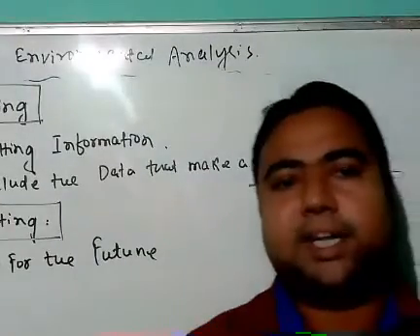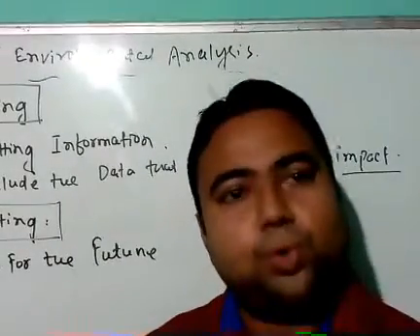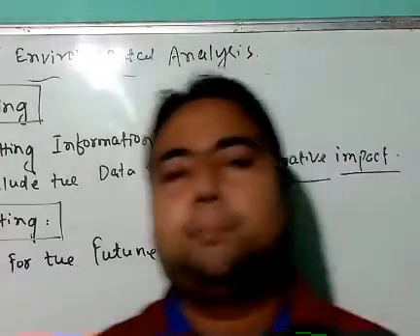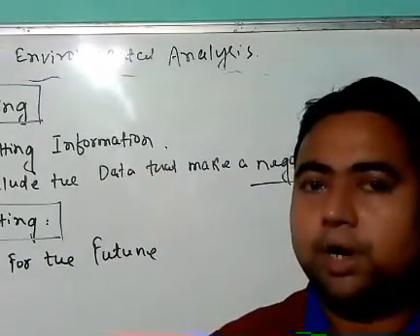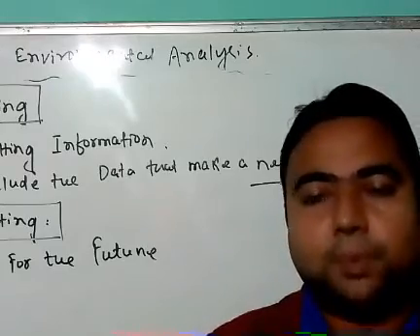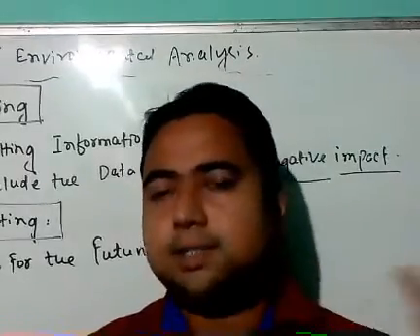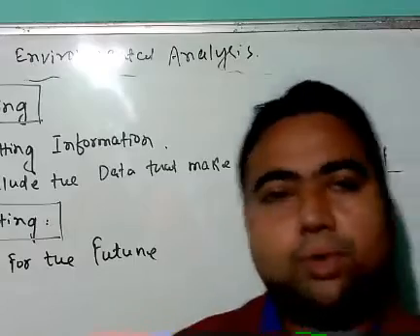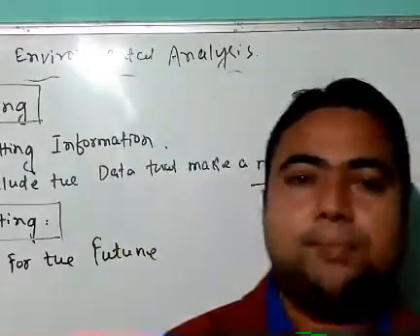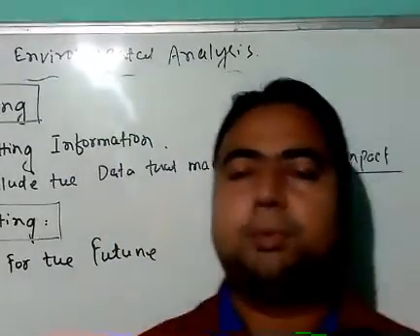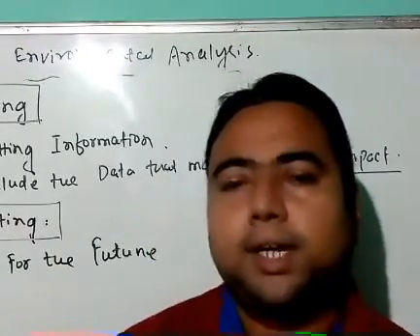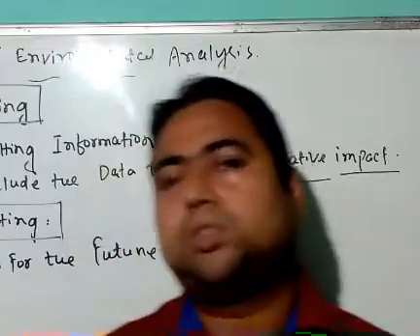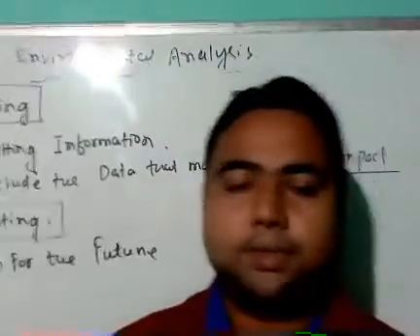There are certain data which were related to the past also, but we will exclude the past data because the past is already gone. Try to understand the point very carefully. Under the process of forecasting, the data are of two types: past data and future data. Past data we will exclude because the past data, whether positive or negative, are gone. There is no role for the past data.